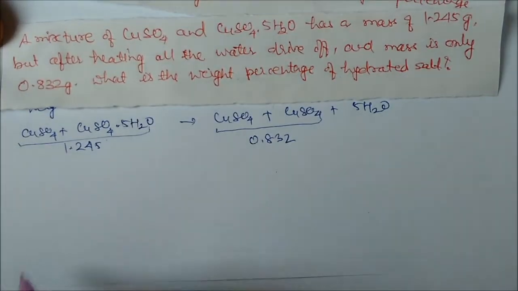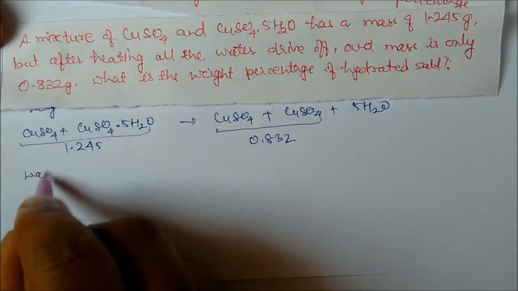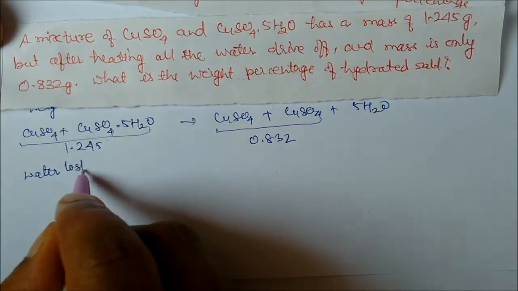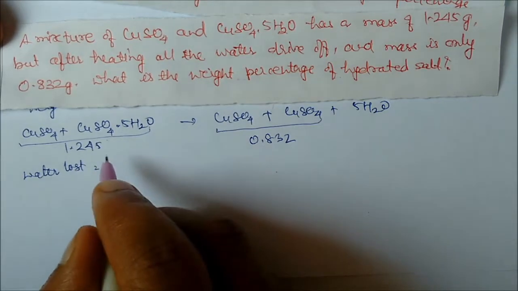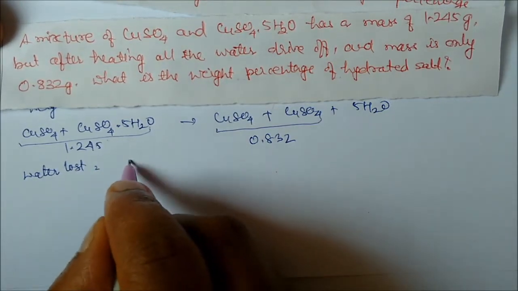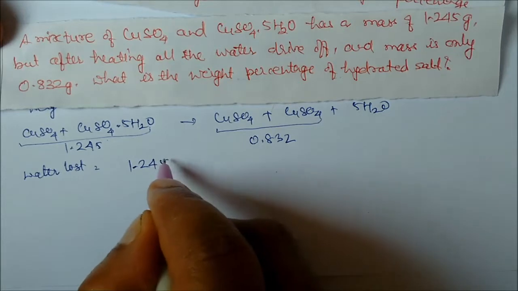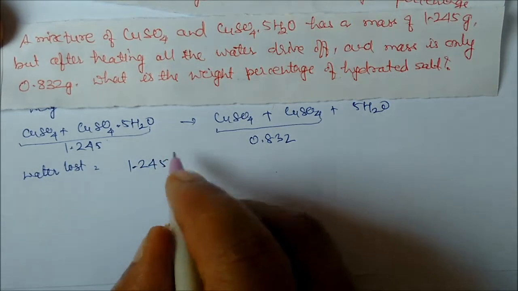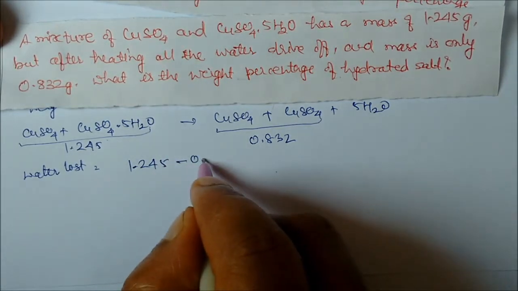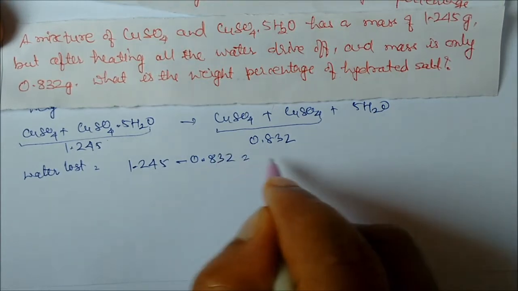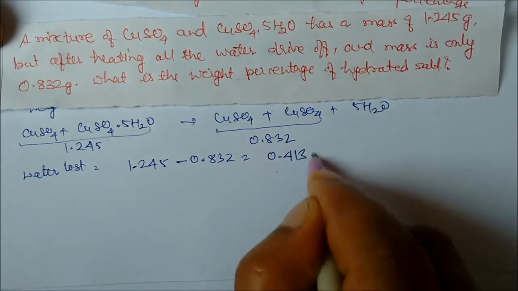So how much water lost? You can see here water lost is 1.245 minus 0.832. So we will get here 0.413. This is the water loss.